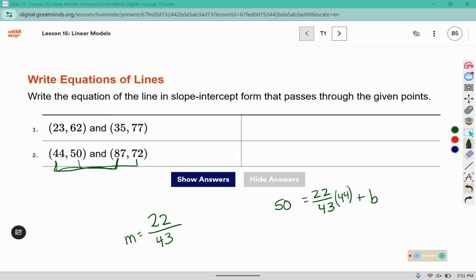If we wanted to change 50 to be out of 43, we can multiply 50 by 43 and put that on the top.